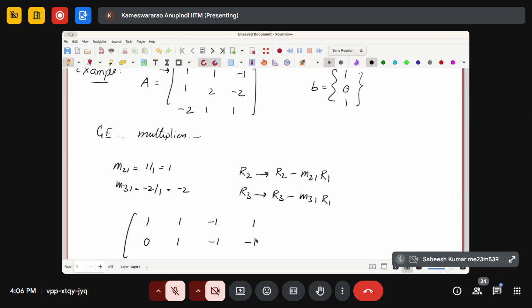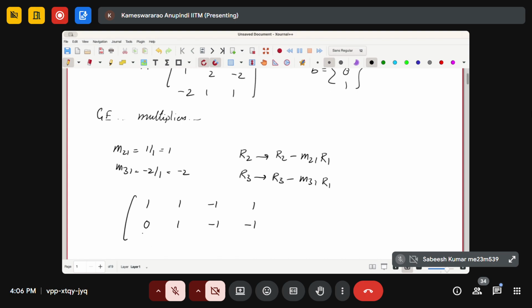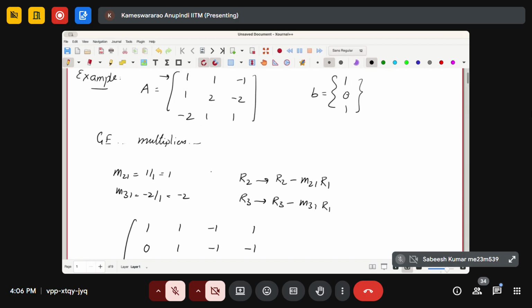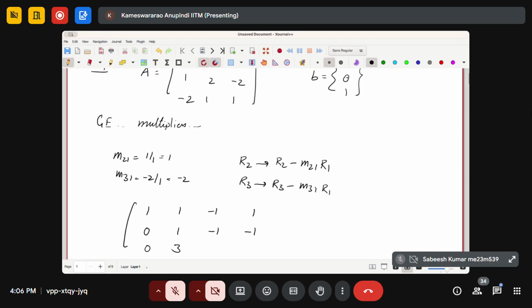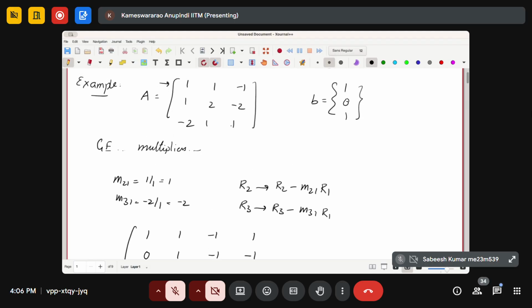Then when it comes to the third row, we have minus 2, and the pivot row is the first row. So minus 2 minus of minus 2 times 1, that's minus 2 plus 2, that is 0. Then we have 1 minus of minus 2, that's going to be 3, right?